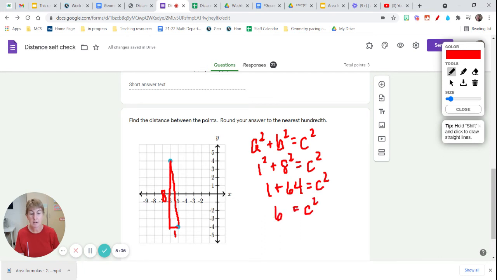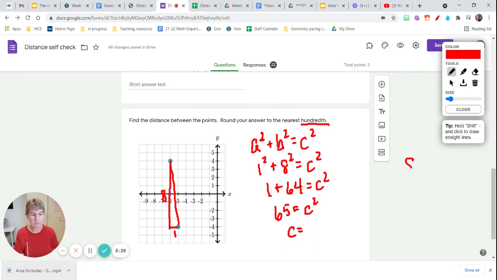I can add it up now. And time to do the square root. And notice this one says to round to the nearest hundredth. That's 2 decimal places this time. And so I'm going to go ahead and do the square root of the 65. Whoops, type it in right, 65. And if you can see my calculator screen, again, big old decimal going all the way across.